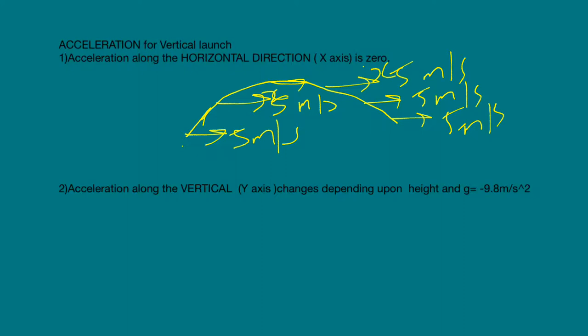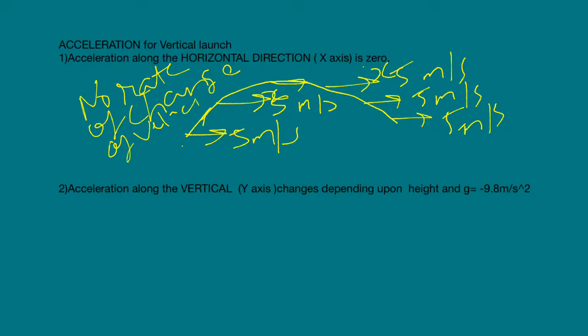If velocity is constant, there is no acceleration, because acceleration is defined as the rate of change of velocity. Here velocity is not changing in the x direction, so there is no rate of change of velocity along the x-axis, parallel to the ground.